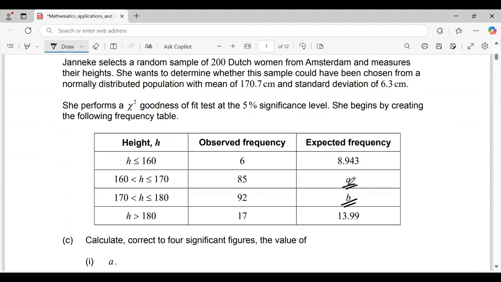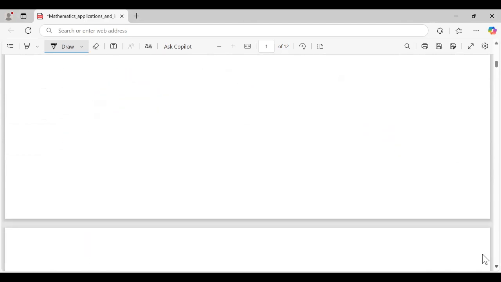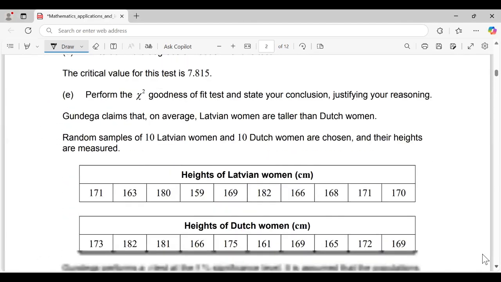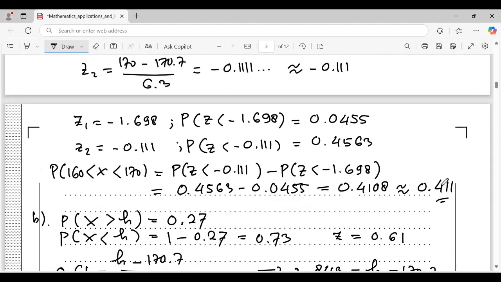This one. Okay, so we need to find A and calculation. I have, just now we calculated already this one.